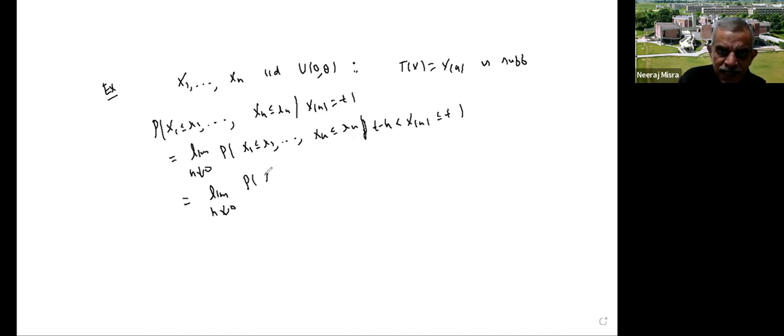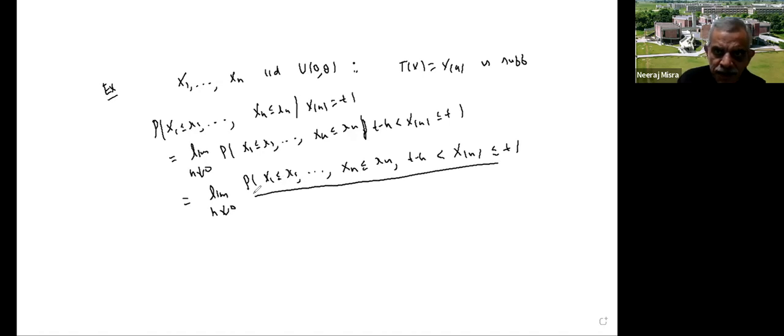So the probability X1 less than or equal to x1, ..., Xn less than or equal to xn, X(n) lies between t minus h and t, divided by the probability that t minus h is less than X(n) less than or equal to t.